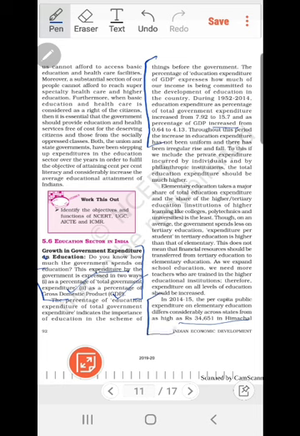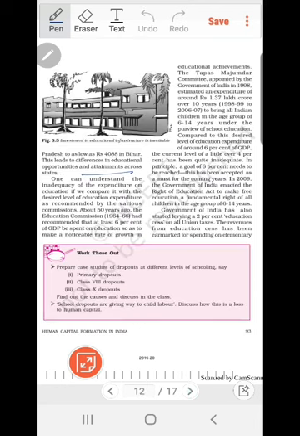Along with interstate disparities, it can be seen that the share of elementary education is more as compared to higher education. Thus, there are many problems associated with the education sector in India.